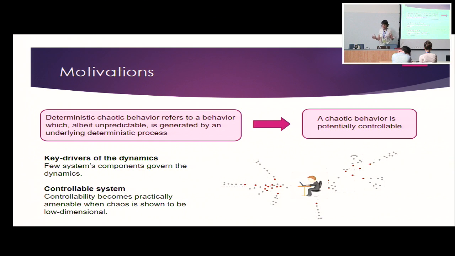In particular, if a system is affected by low-dimensional chaos, it means that there are few drivers of the dynamics, so there are few components of the system that are responsible for chaos. And if a system is very large with many components, but it is affected by low-dimensional chaos, it means that I have probably a good chance to control the system acting only on a few number of its components.